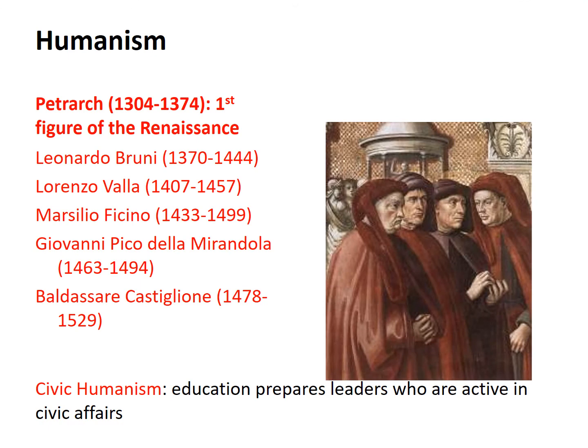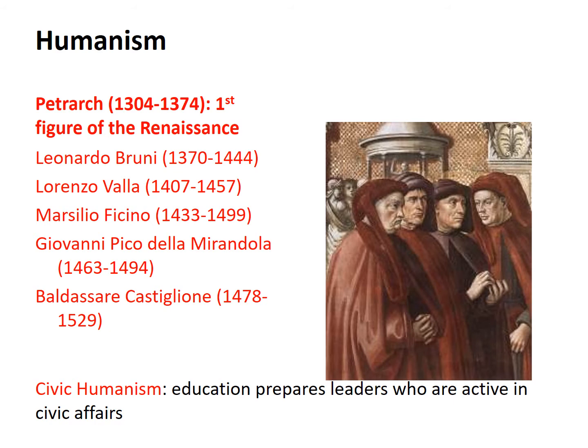All right, so now we move on to humanism, which of course is the most important movement that comes out of the Renaissance. Petrarch, as we know, is known as the father of humanism, sometimes the first figure of the Renaissance. We know there are other humanists that we've discussed in this class: Bruni, Lorenzo Valla, Marsilio Ficino, Pico della Mirandola, Castiglione.